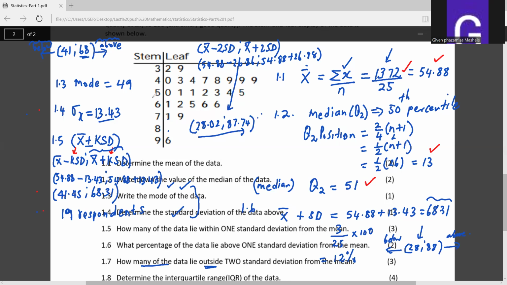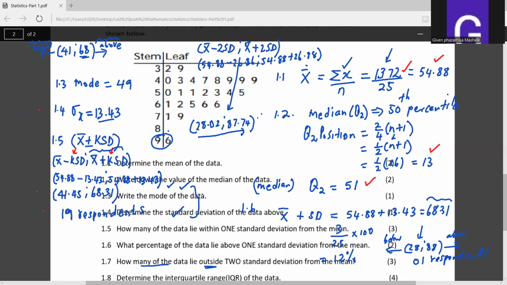But how about the ones above? The numbers that are above 88, it's only 96. So it's only one respondent which is lying outside 2 standard deviations from the mean.